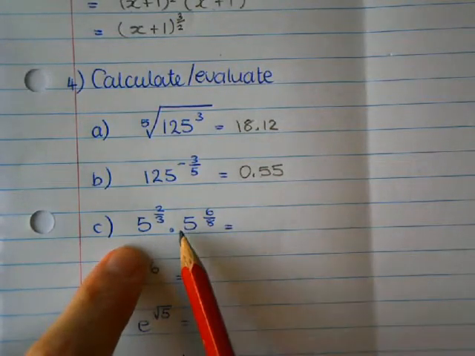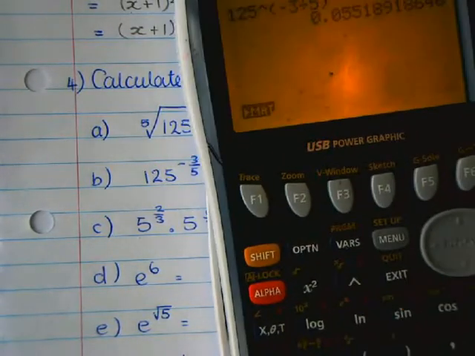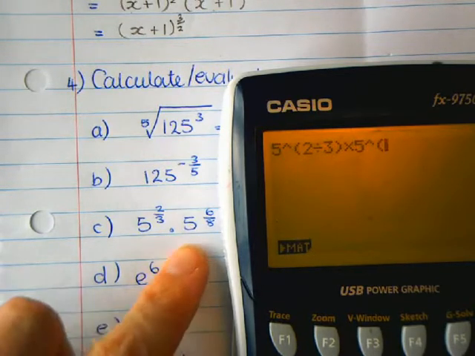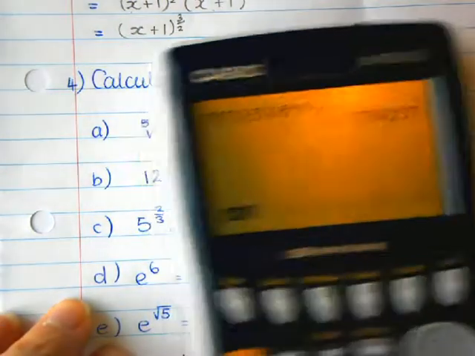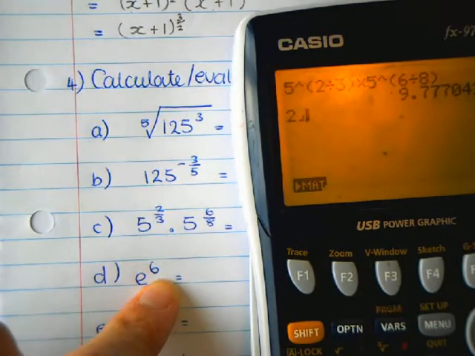Now, this one here is 5 to the power of 2 thirds times 5 to the power of 6/8. When we've got the same base, we're allowed to add the powers. So we could simply do the whole thing on the calculator, 5 to the power of 2 thirds, and remembering we're going to use brackets, 5 to the power of 2 divided by 3, times 5 to the power of, open brackets, 6 divided by 8, and hit enter, 9.777.